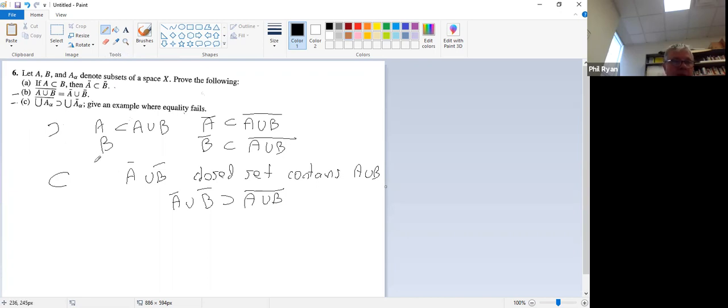Okay. What about the other way? So this for C, this kind of holds because if A is contained within the union, then that's also going to be true for the closures.